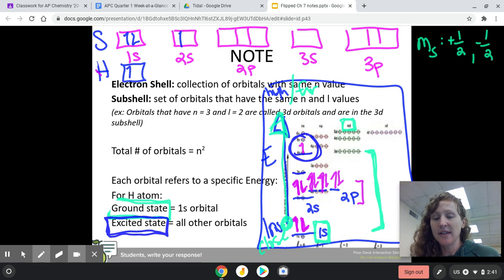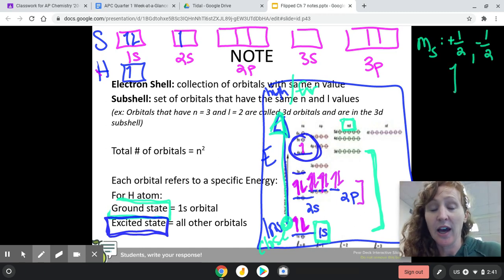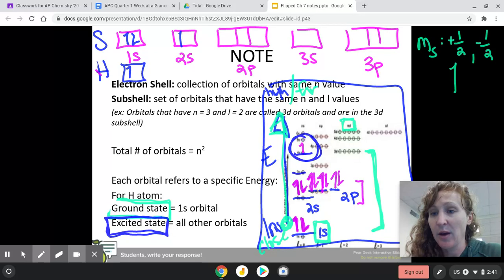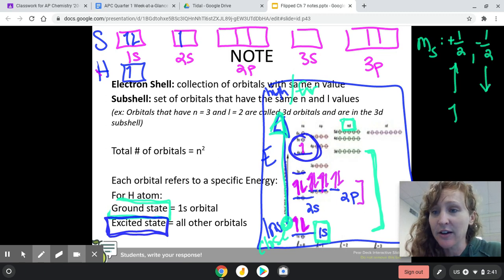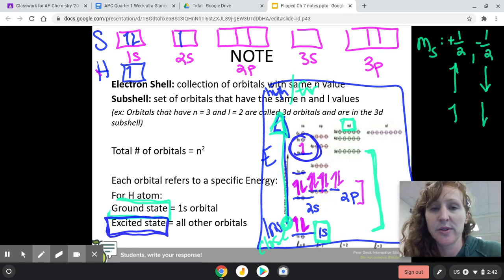What this is referring to is the direction in which the electron is spinning. So the electron can be spinning up, and we would draw that as an up arrow. Or since we're drawing so many arrows, we draw them as half arrows. Or the electron can be spinning down, and again, we would draw that as a down arrow, or as a half arrow spinning down.